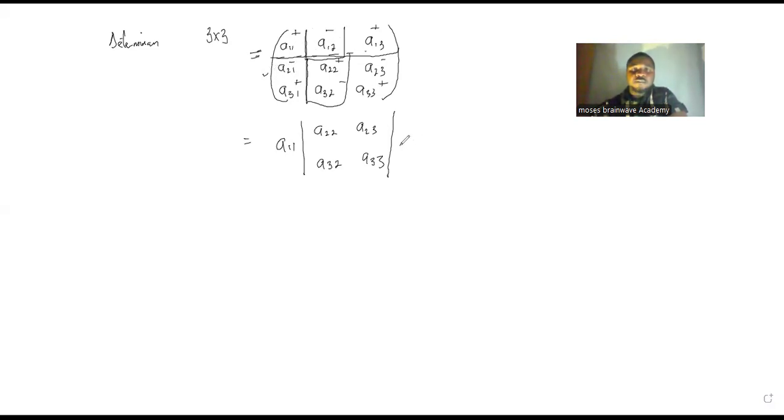Taking along the sign, we have minus A12. So we have A21, A23, A31, and then A33, right? And plus A13 into what will be left.